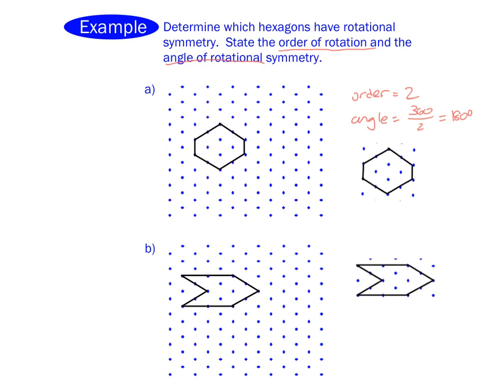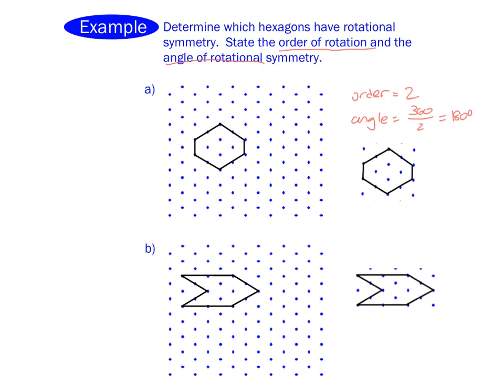Now, we rotate it. That's 90, definitely not the same. Up to 180, not the same. Going ahead to 270, still not the same. Going all the way to 360, it's the same at 360. But it's only the same at 360. Everything's going to be the same at 360.